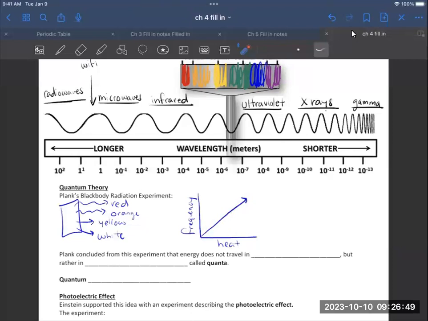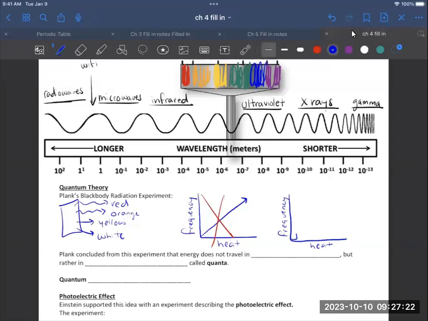However, more interestingly, that is not what happened. This is wrong. Instead, what he noticed, as he was paying attention to the frequencies of light coming off of this black body, was that as he provided more heat, the frequency would jump in stair-step ways.